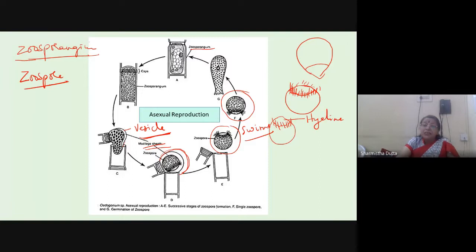By then the cilia will fall off. There is disintegration of these motile structures, that is the cilia, which are used for swimming. Then this lower region of the zoospore will fix itself to the substratum.